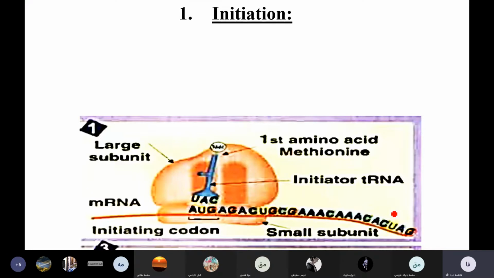They unite together, they associate together, بيطبقوا على بعض على المسنجر RNA, and they move along the messenger RNA, scanning the messenger RNA to reach the first AUG.